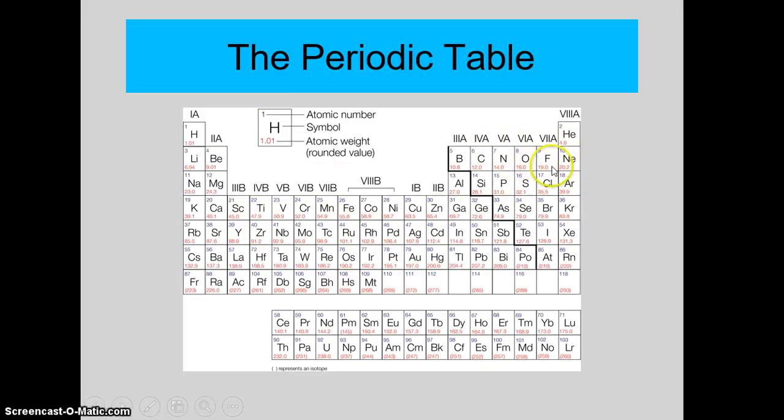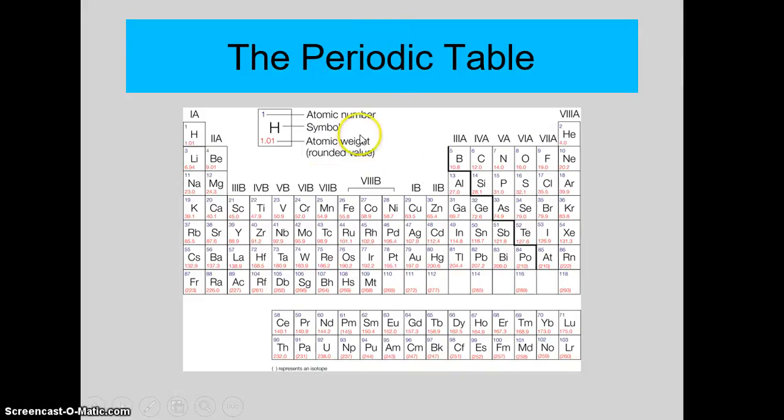Okay, so metal with a nonmetal, ionic, nonmetal with itself or one of the other nonmetals is covalent. Again, there are exceptions. There are situations where you can have one of these metals with a nonmetal, and that would still be a covalent bond. But we're going to try to stay away from that.